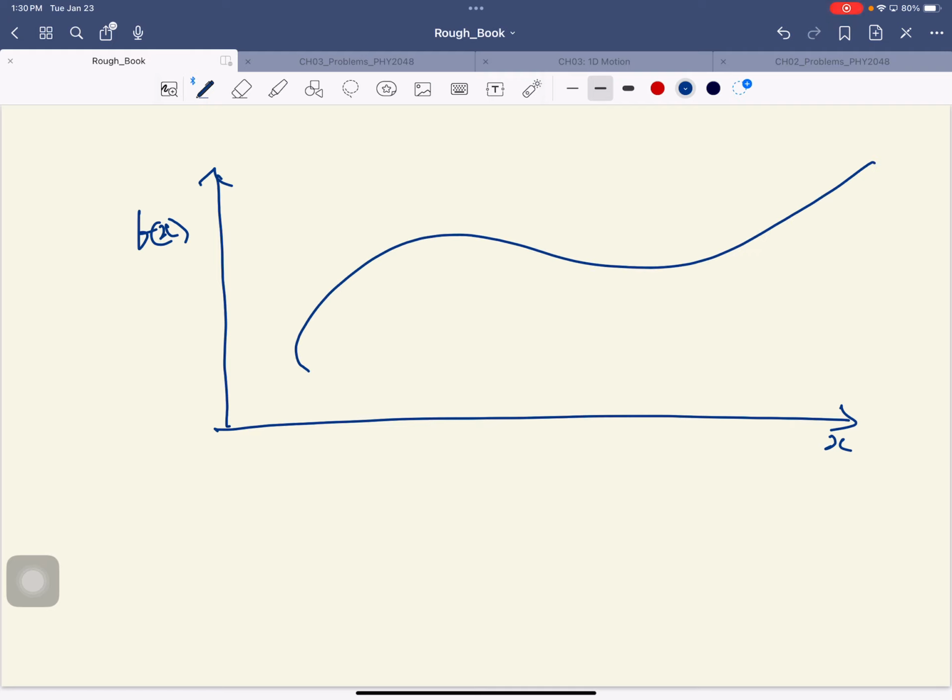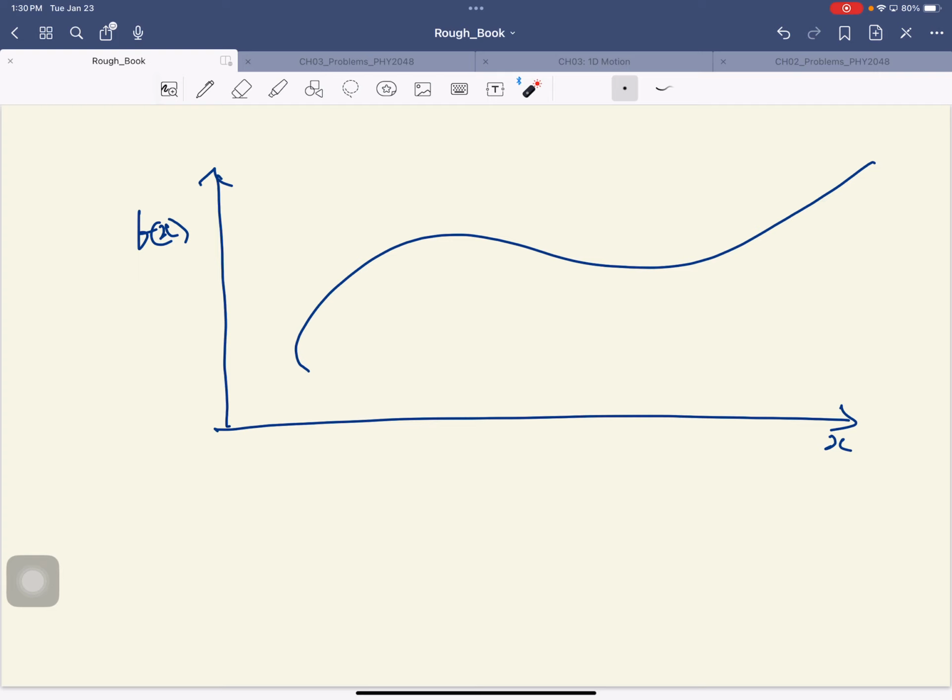This is a function, right? One of the things we are interested in is how fast the function is changing. At this location, is it increasing or decreasing? At this location, it's decreasing. At this location, it's not changing. And how is that conveyed? The slope.